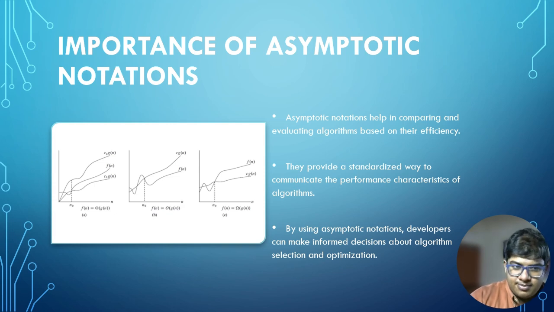The importance of asymptotic notations: they help in comparing and evaluating algorithms based on their efficiencies. They provide a standardized way to communicate the performance characteristics of an algorithm. By using asymptotic notations, developers can make informed decisions about an algorithm's selection and optimization, and inform the user or anyone else.